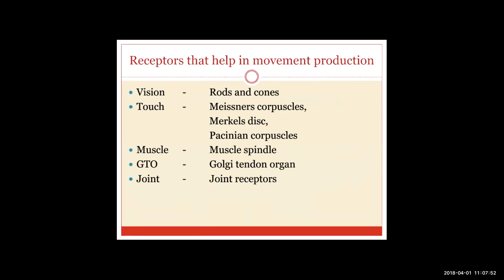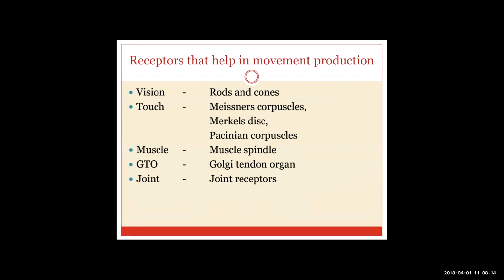Coming to receptors proper, we have a lot of receptors, and I hope all of you are very familiar with the number of receptors and the systems in which they function. Vision is supported by rods and cones. Touch and pressure are supported by Meissner's corpuscles, Merkel's discs, and Pacinian corpuscles.